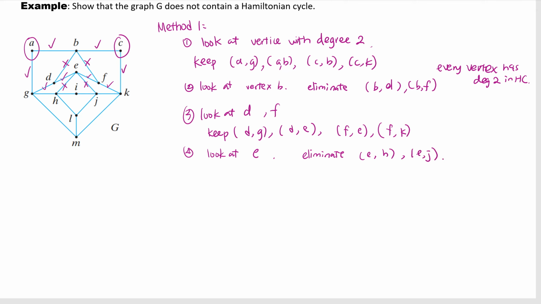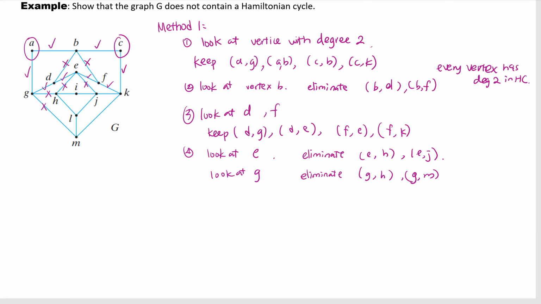And also look at G. Now we already have 2 edges incident to G, so we need to delete the rest. So delete this guy, delete this guy, so eliminate GH and GM.